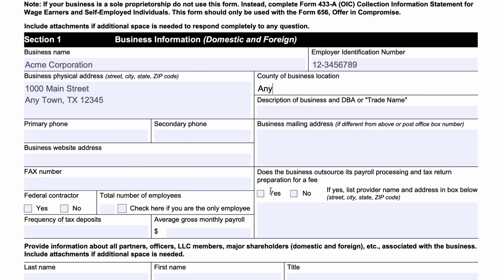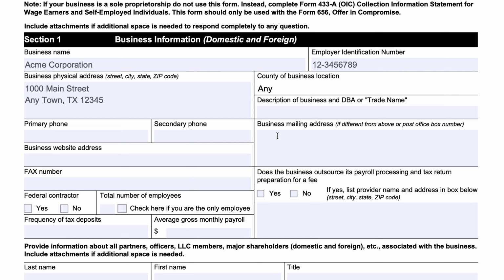The big caveat is if there's a place that you're completing information and you need additional space, you can include attachments. The general rule is the IRS isn't going to give you a template for any attachments, but the attachments should contain the same information that they're asking for here.